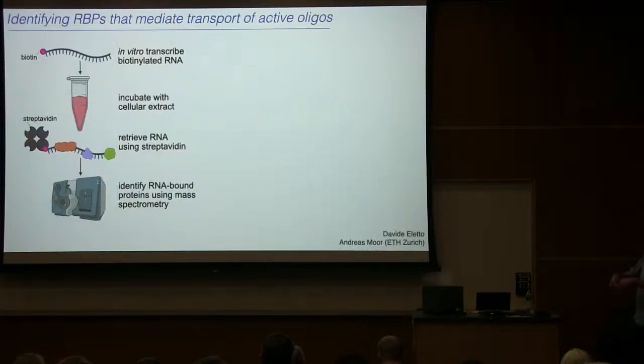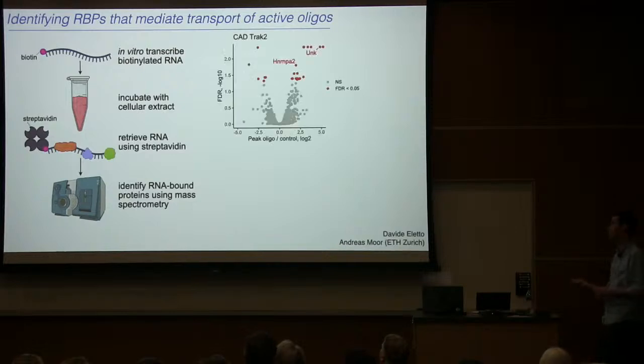All right, what is the RNA binding protein that's recognizing these zip codes to mediate their transport? To get at this, we transcribed these RNA elements, put a biotin on them, put them into cellular extract, pulled them back out with streptavidin, and with mass spec asked what proteins are bound to these oligos. Very reproducibly, one that was bound was a protein called unkempt. It comes from the fly gene unkempt.